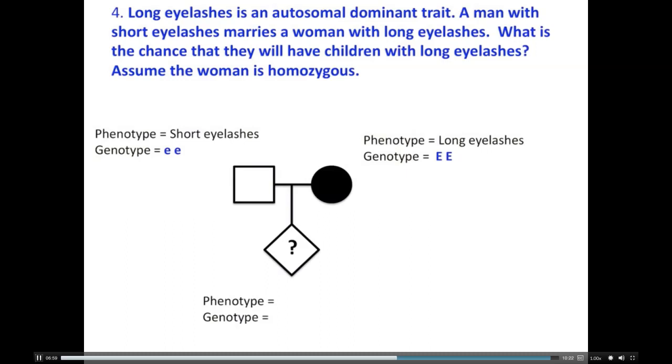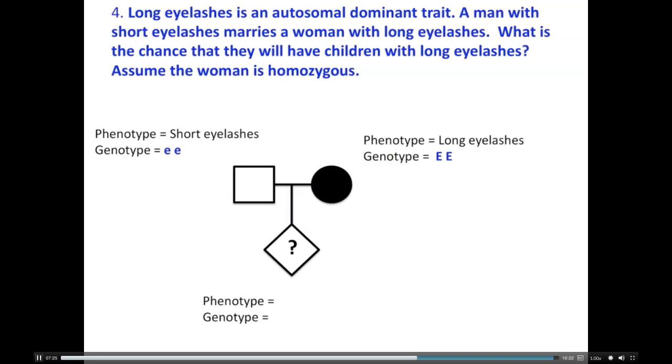Okay, so let's try another problem. This time, this is called long eyelashes, and it's an autosomal dominant trait. And I've given you another family pedigree. So the man has short eyelashes, the woman has long eyelashes, and we want to know what are the chances of them having children with long eyelashes.